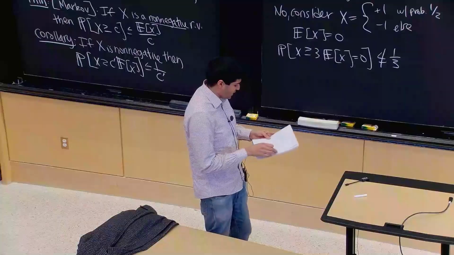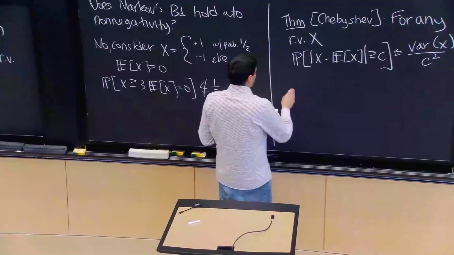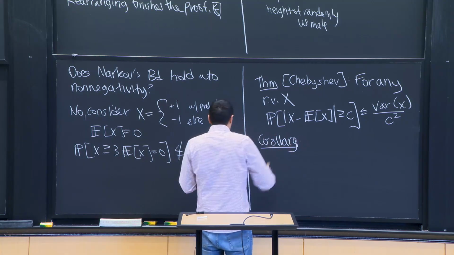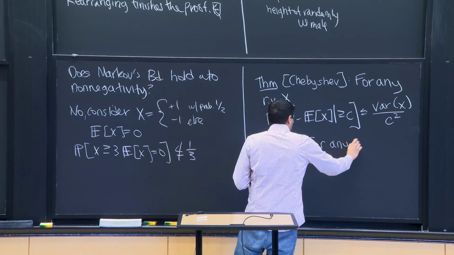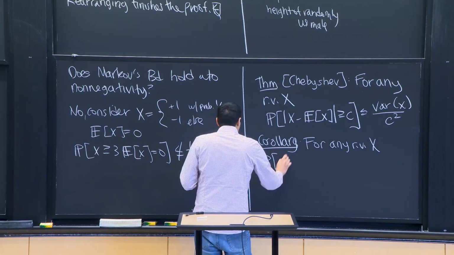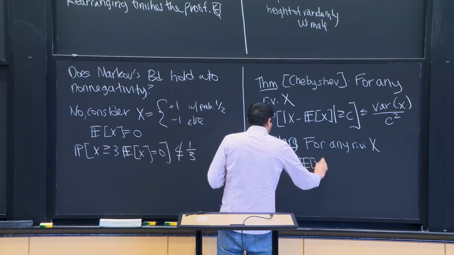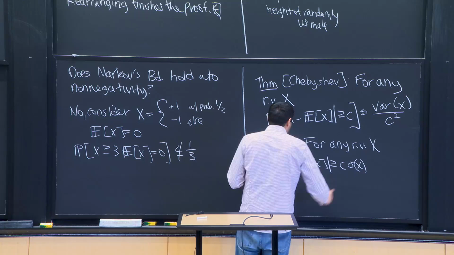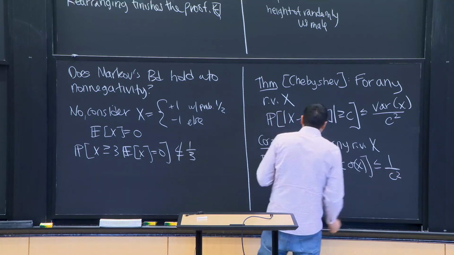So as before, I'm going to state another equivalent way to think about Chebyshev, which is sometimes a bit more convenient. So feel free to use whichever is easier in a proof. So again, for any random variable x, the probability that the absolute value of x minus its expectation is larger than c times sigma of x, I'll define what sigma of x is, is at most 1 over c squared.